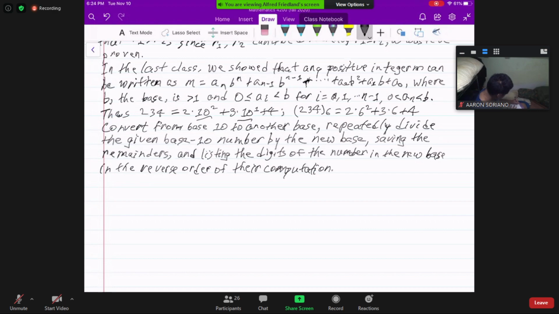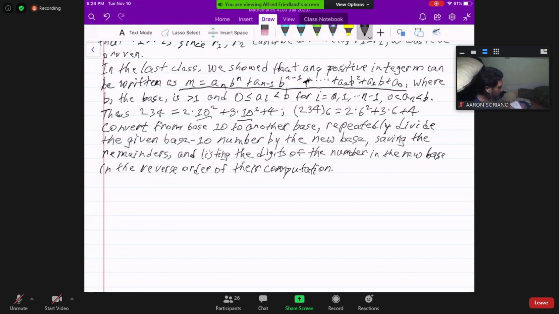And so we showed that you can write any positive integer m as a sum of multiples of non-negative powers of a number greater than 1, called the base, where each of those coefficients of the powers of b are non-negative integers less than b.